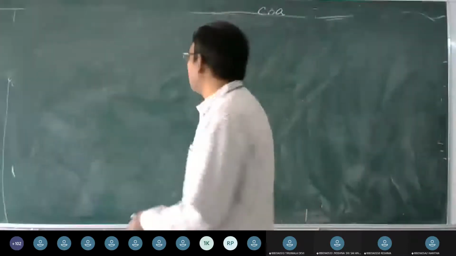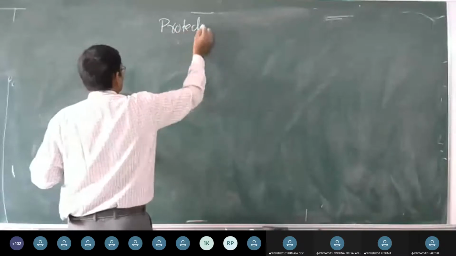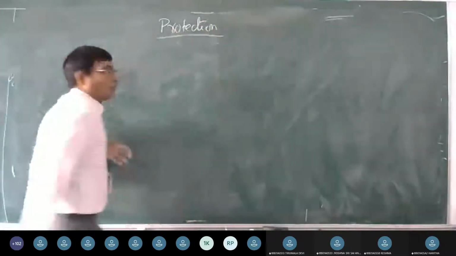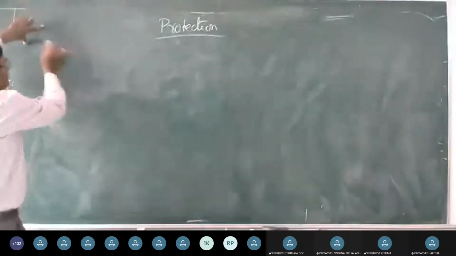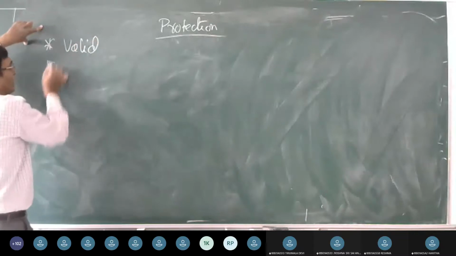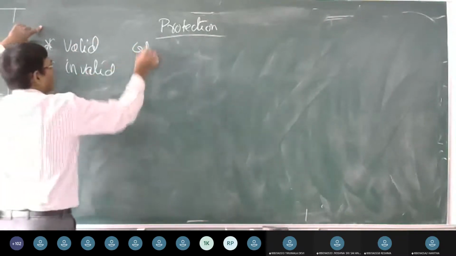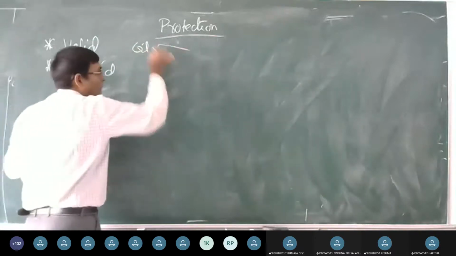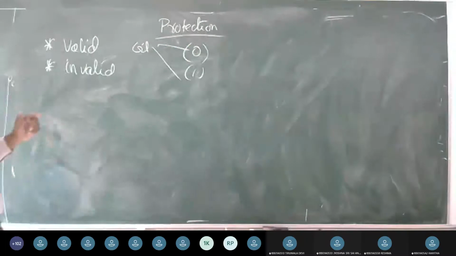Okay, now let us talk about one more item, that is called protection. Protection is going to be associated with two bits. One we call the valid bit, another the invalid bit. The bit has two states, either high or low.